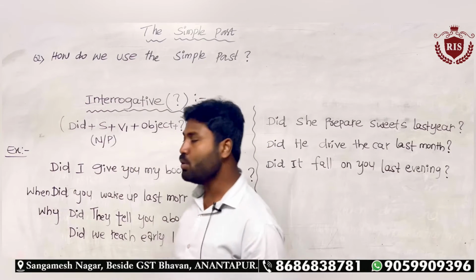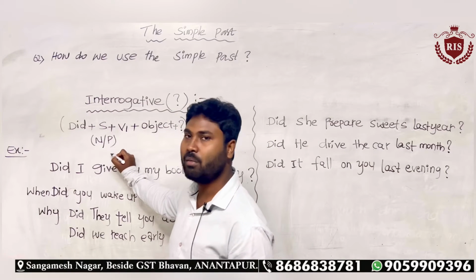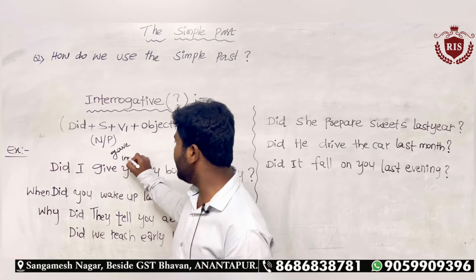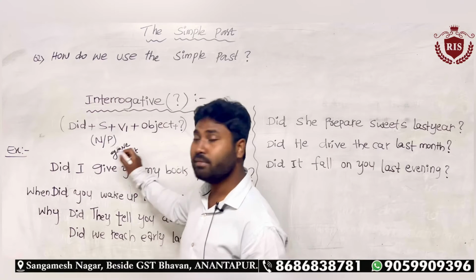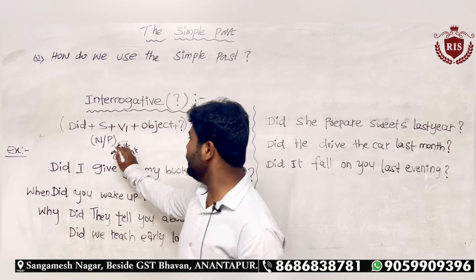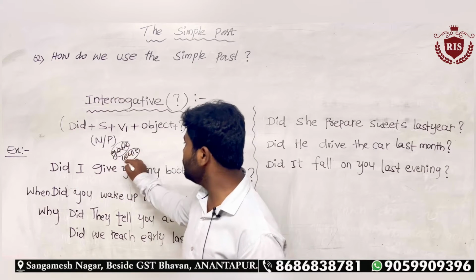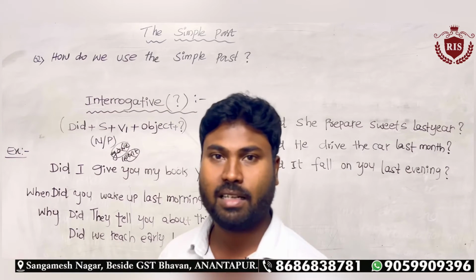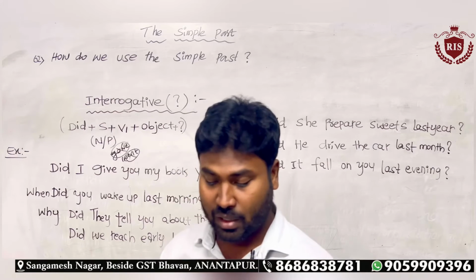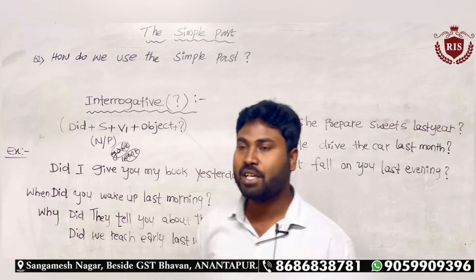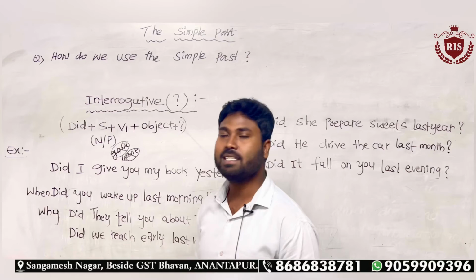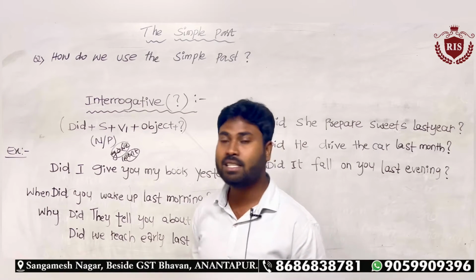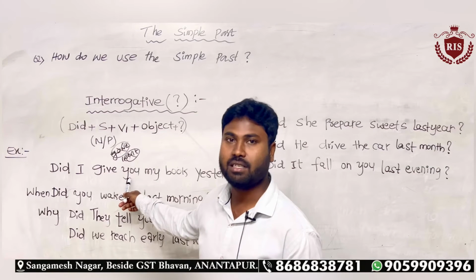Here we cannot use again the simple past form of the verb, like gave or went. This v2 we cannot use in the question as well as in the negative sentences. In our previous video we learnt that we should not use the simple past form of the verb in negative cases and also in interrogative cases.